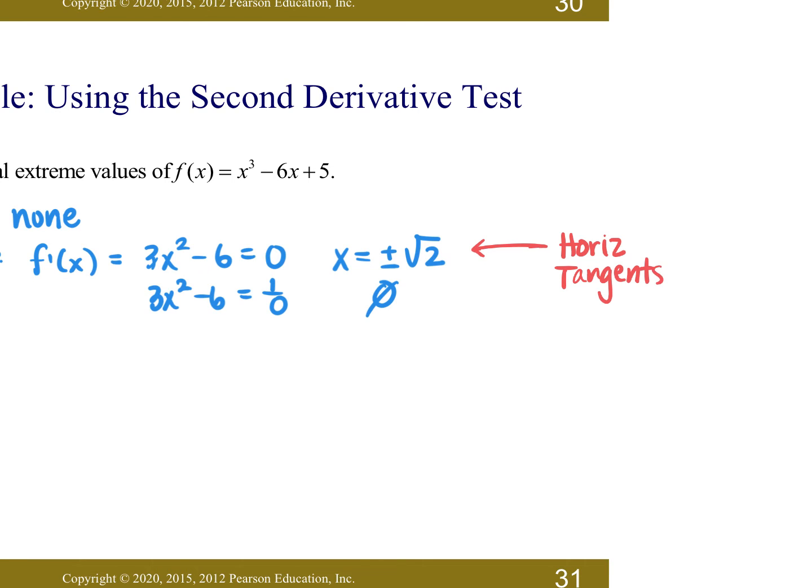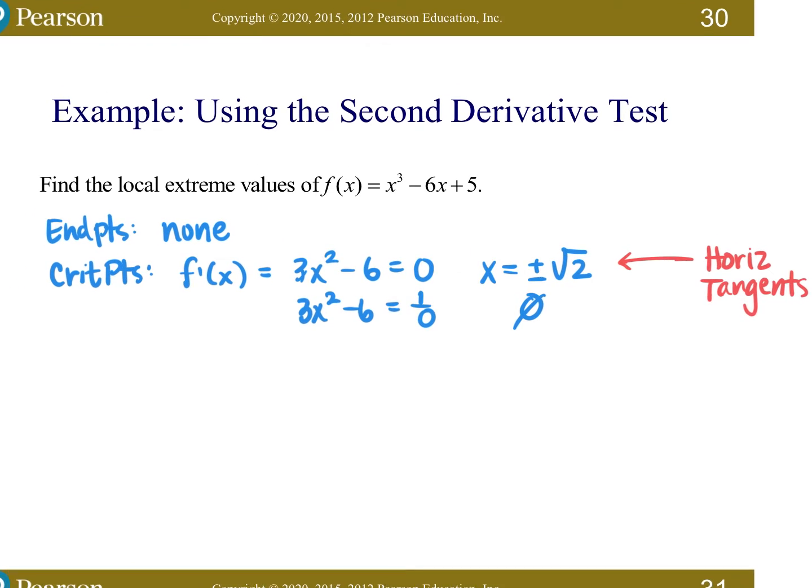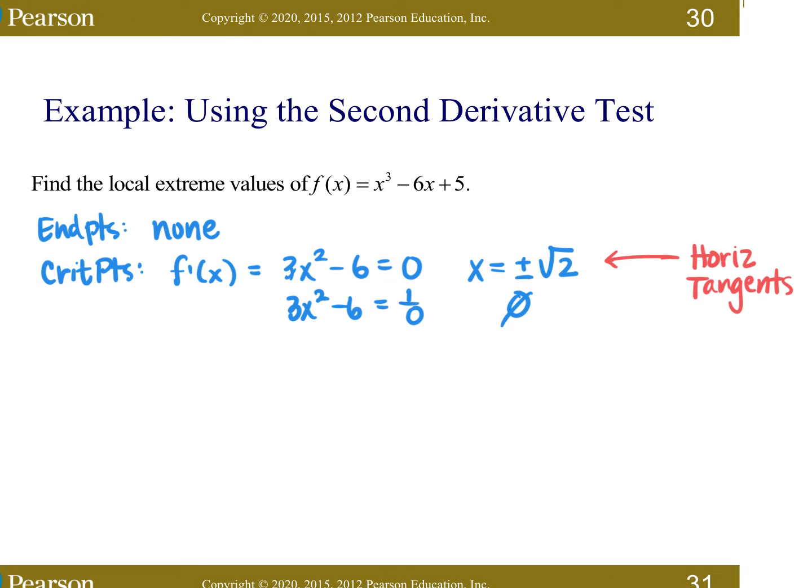And at this point, you have a choice. Do you want to check the first derivative and check for a plus to minus or a minus to plus change? That would be fine. But I'm here to tell you that you can also check the second derivative, and you can check the concavity instead.